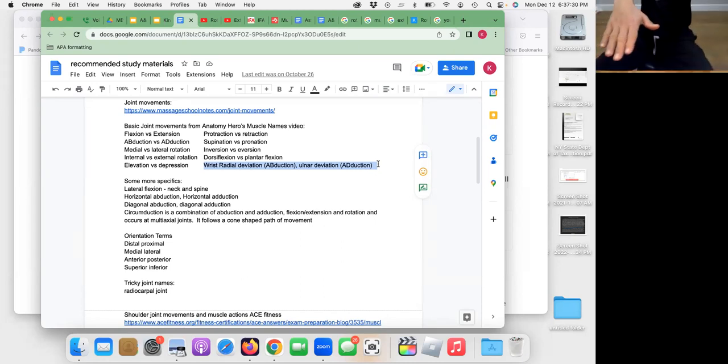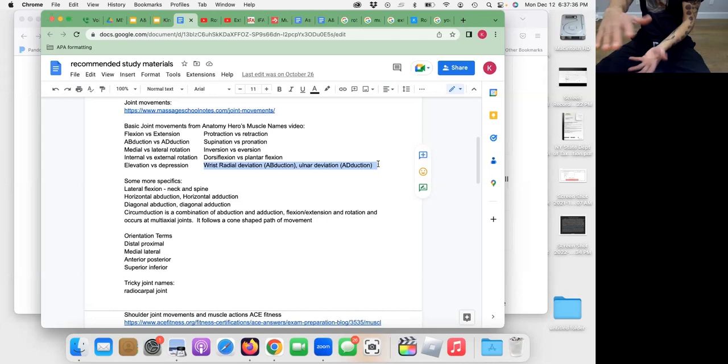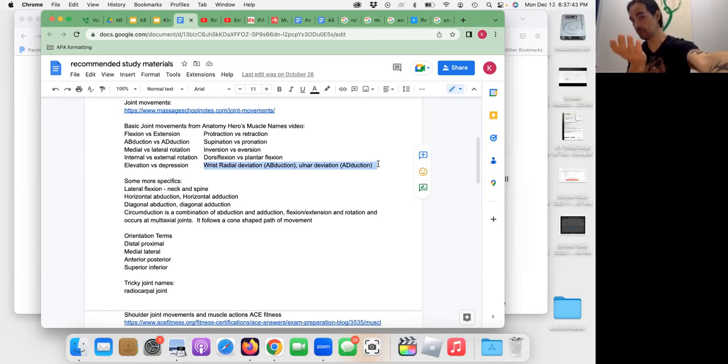But the movement itself, being radial deviation, is looked at from the perspective of someone looking at the palm. So if you look at the palm, it's actually moving away from the midline. You guys know the anatomically correct position is with the palm up and the elbows extended and the humerus down at neutral, correct? Good.